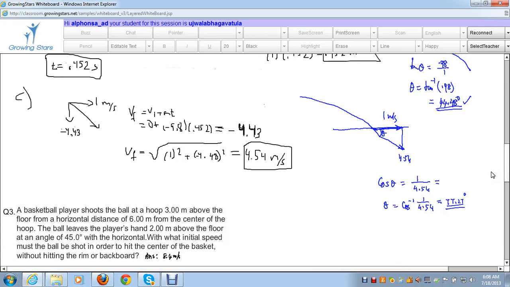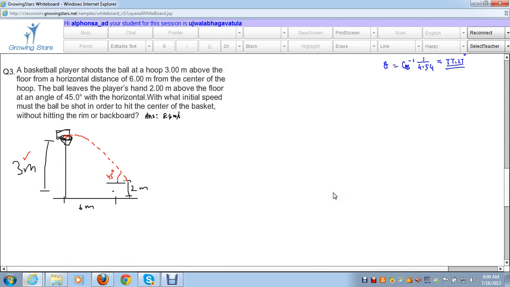So what are you asked to find out? The initial velocity. With what initial speed? That means they're looking for this velocity, isn't it? Yes. So how will you do this question?